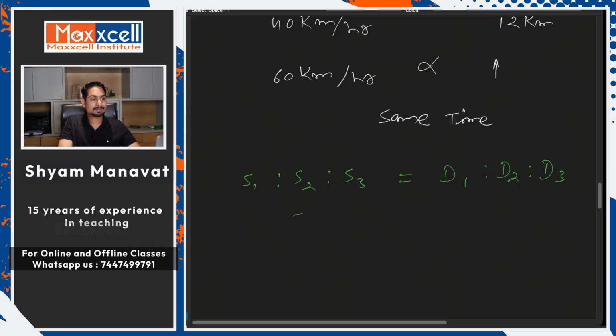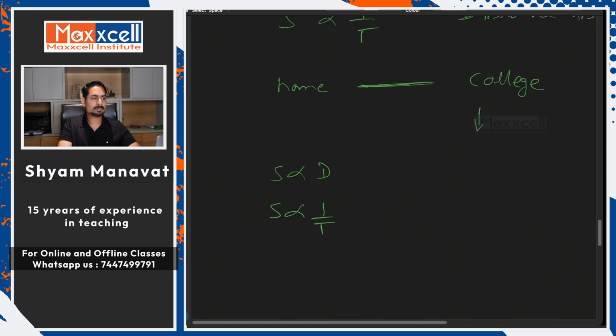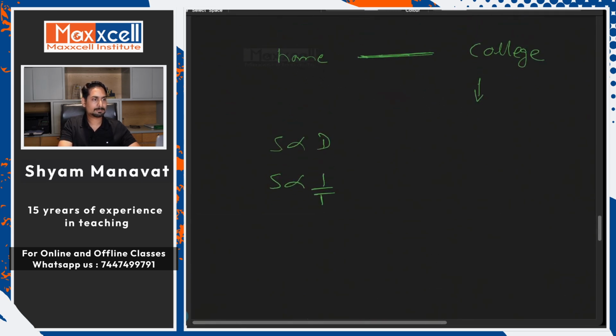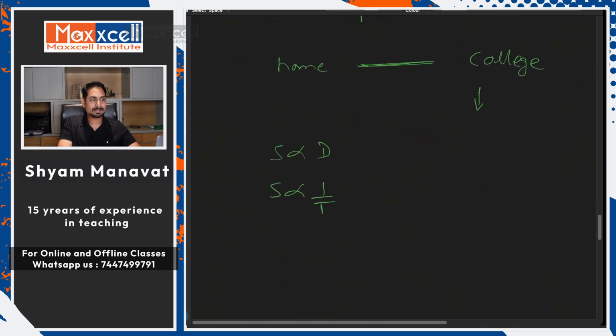You can also say speed 1 by speed 2 equals distance 1 by distance 2, directly proportional. Now, inversely proportional. It means the ratio of speed of the first object to the second to the third is equal to the inverse, 1 upon T1 is to 1 upon T2, the time taken by the second object relative to the third object.